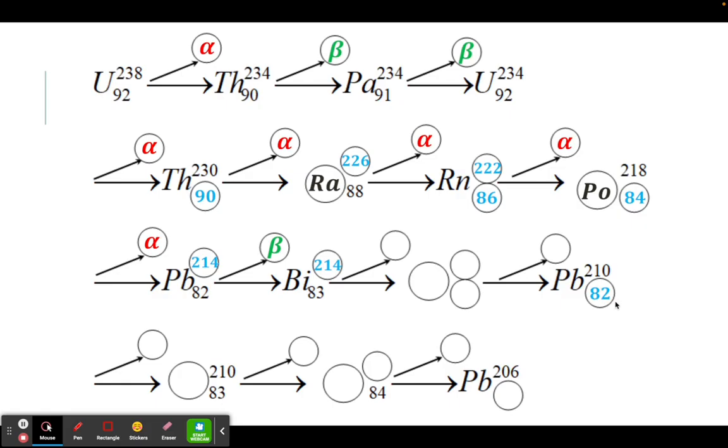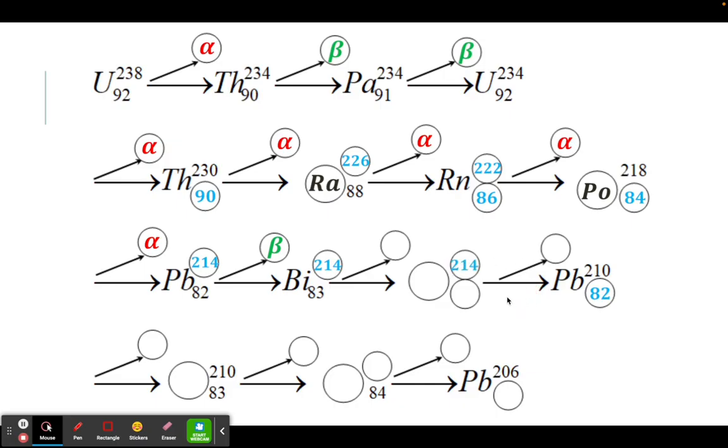Lead is number 82 on the periodic table. So now we know that we have 82 and 210, right? But notice here, we're going from 214 to 210 here. Okay, so maybe that might help us out here.